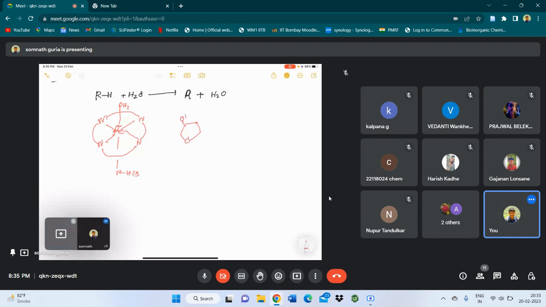OH, OH. This is a double bond O. This is above the plane, and this is below the plane. This is the OH.